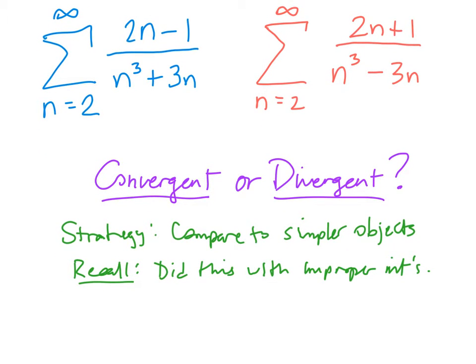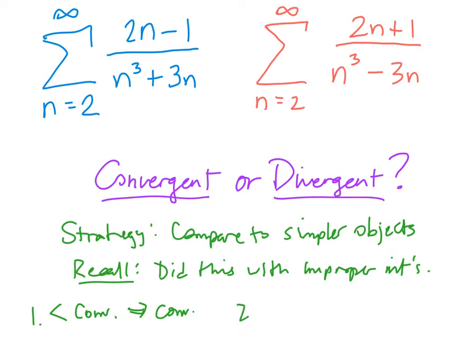And we're going to start from the same two basic principles as we had before. If I have some object, either an improper integral or an infinite series, and I know that it's less than something that converges, then I know that the series or integral I'm looking at also converges. So less than convergent is convergent. That's principle one.